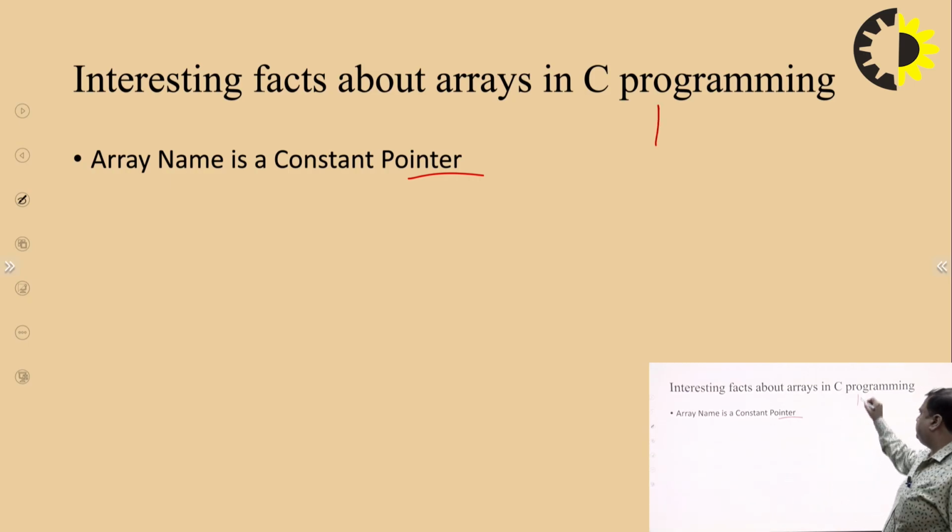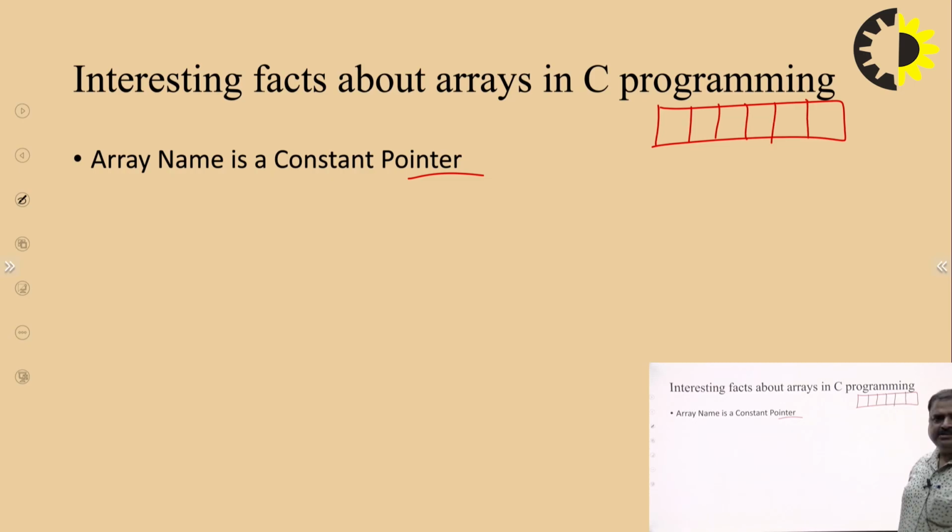Let me help you understand the base address. We have an array with values like 1, 2, 3, 4, 5, 6. But what are the addresses? Say this address is 1001. What will be the next address? Please calculate. What bytes are required for one element? 4 bytes. So we need to add 4.